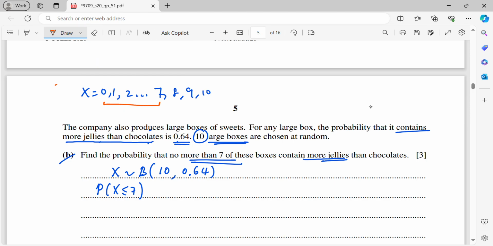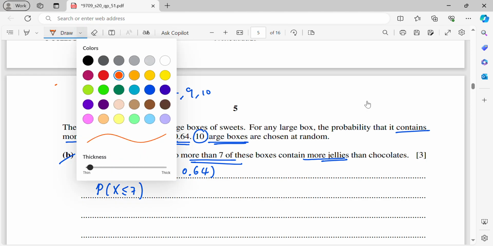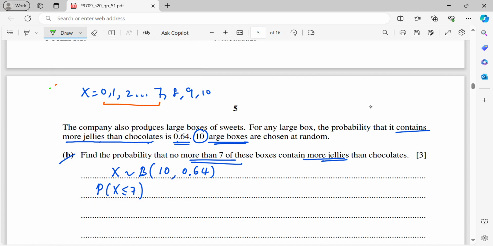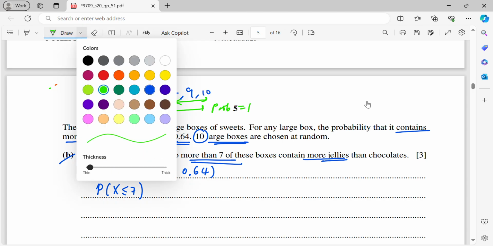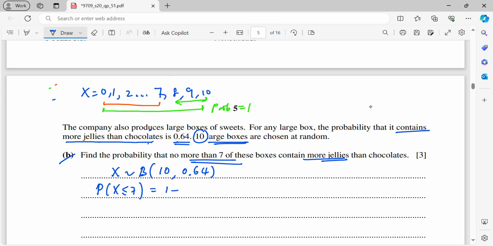So instead of counting all these probabilities, I will say that is 1 minus, that means total 1, minus 8, 9, 10. That will be my less than or equal to 7 probabilities. That means here is going to be 1 minus P(X = 8), or P(X = 9), or P(X = 10).